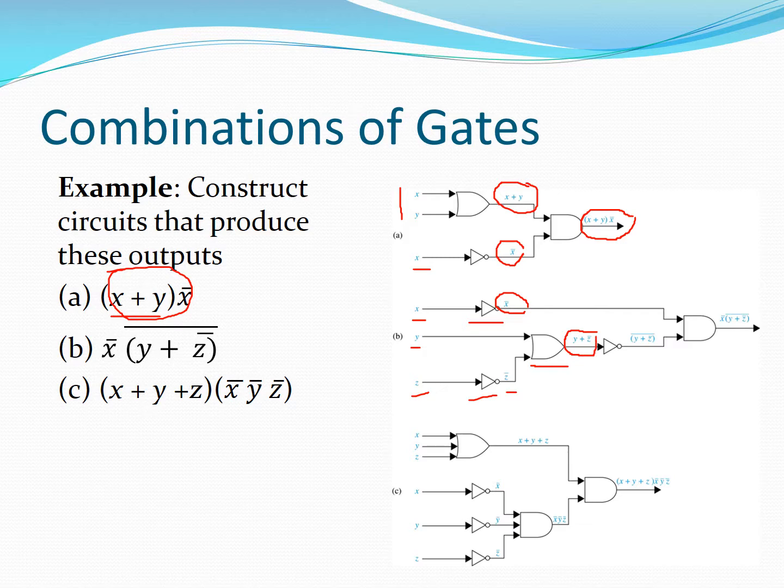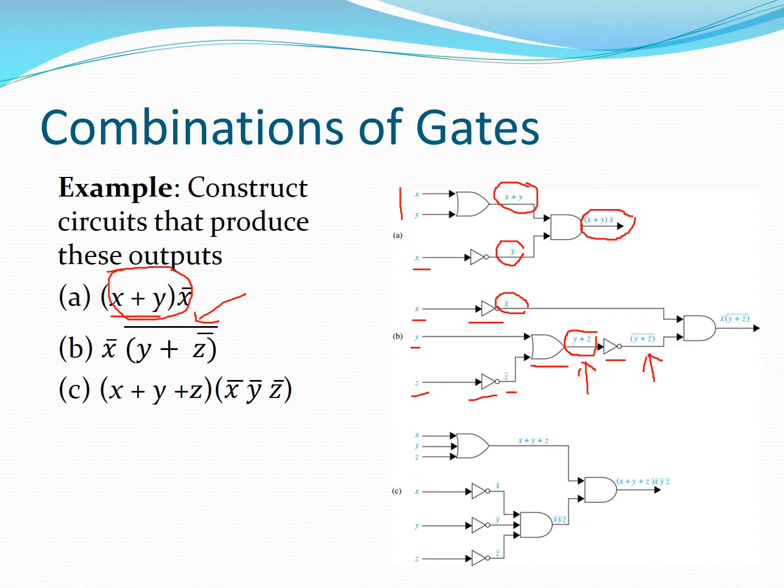But we also need to represent that outer complement. How are you going to get that? You get that by passing y plus z bar through an inverter, and that gives you y plus z bar whole bar.